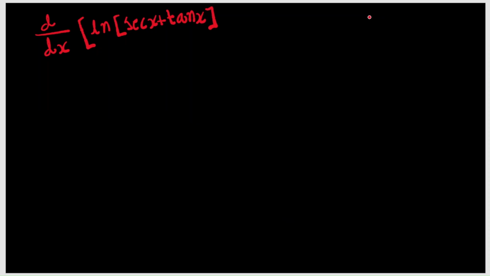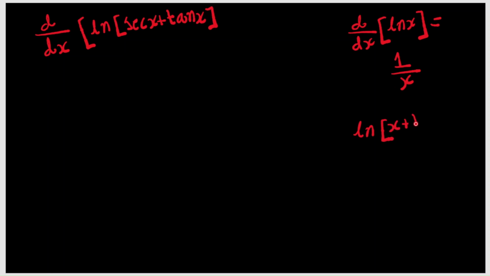So we know that when we have d over dx of ln x, the first derivative is 1 over x. Whatever is written next to ln, we are going to write it as 1 over that. For example, if it was ln(x plus 2), the first derivative would have been 1 over x plus 2, right?